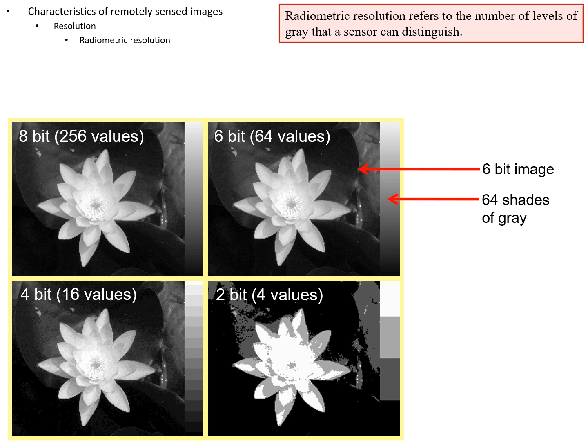MSS, the first one, had 6-bit values, so that's relatively coarse. The thematic mapper series had 8-bit, and the OLI, I believe, is 16-bit. So we're getting higher and higher quality data, making it possible to differentiate between smaller and smaller differences in brightness.